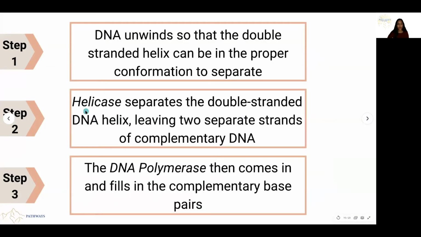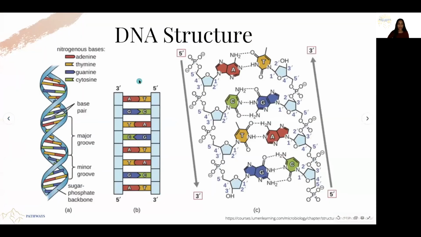Then helicase, which is an enzyme, separates the double-stranded DNA helix, leaving the two separate strands of complementary DNA. Like I was saying earlier, we could separate the two strands of the ladder like this. So if we go back, the second step is cutting this ladder in half.